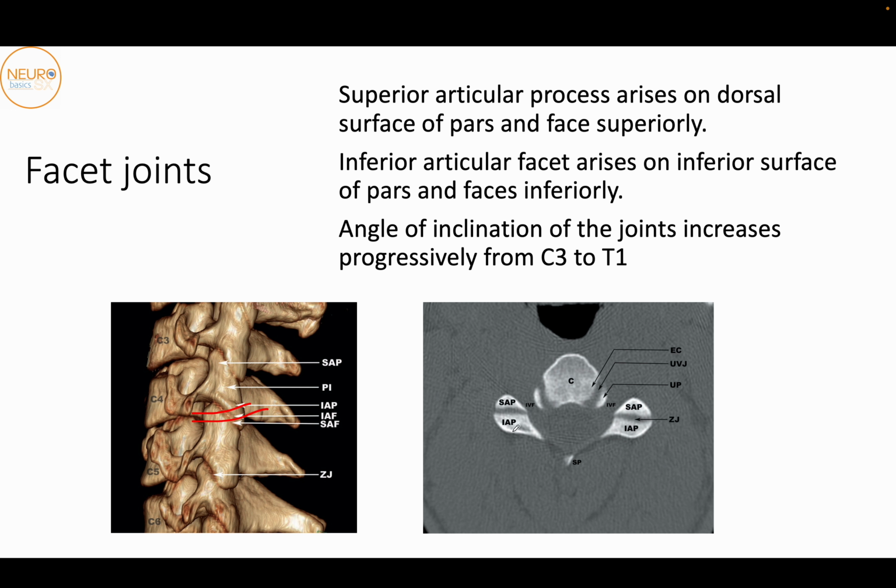So whenever you're looking at these axial cuts, just remember that the process in the anterior aspect is the superior articular process of the inferior vertebra, while the process posteriorly is the inferior articular process of the superior vertebra. Now, the angle of inclination of these joints will be more or less horizontal at the C3, C4 level, and as you go down, the angle of inclination increases.